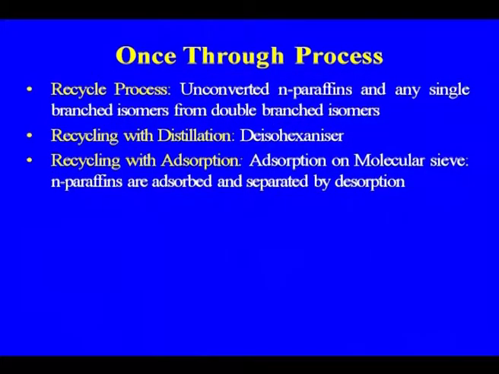In a recycle process, unconverted normal paraffins and single branch isomers are separated from the double branch isomers, recycling with the distillation, a deisohexanizer that is added, or recycling with adsorption, where molecular sieve adsorbs the normal paraffins and they are separated by desorption. So, these are some of the various types of configuration that may be used in the isomerization process.